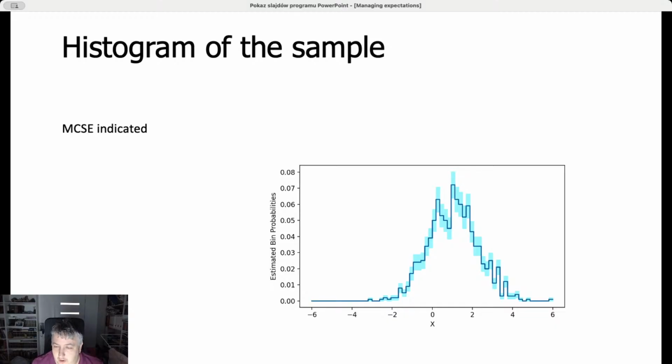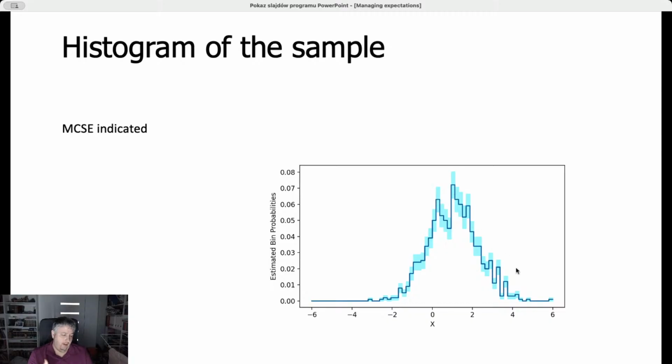For each of those, we have defined the Monte Carlo standard error. And this Monte Carlo standard error comes from the same situation as we mentioned before. We compute the expectation of each of those indicator functions.